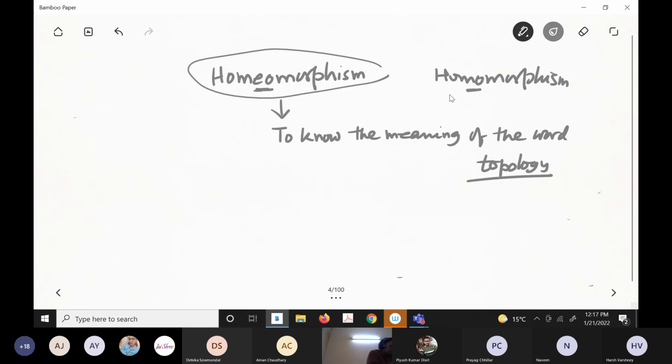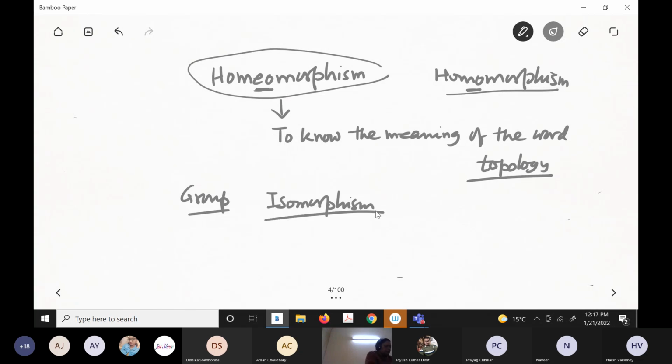Like in groups, when you had isomorphism, there is a classification up to isomorphism, because isomorphic groups are essentially the same. Like to have a group of order 4, take it.